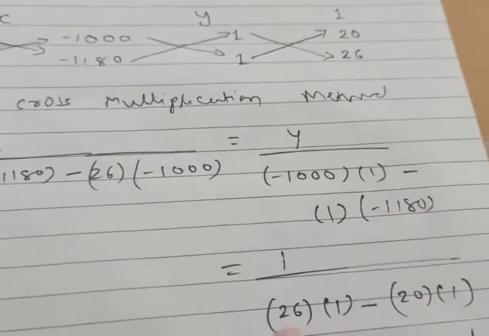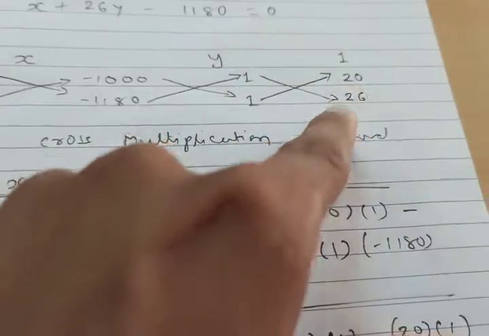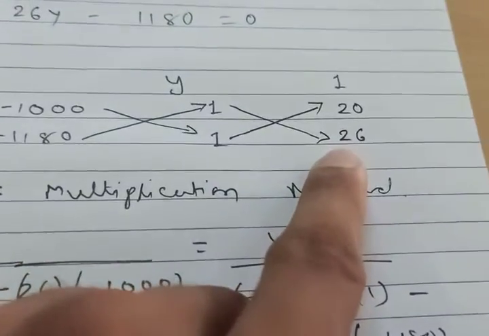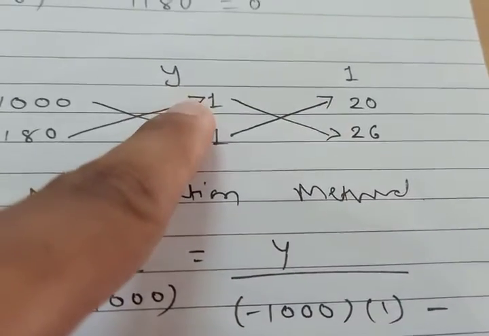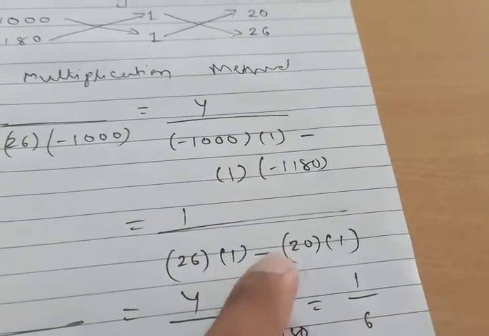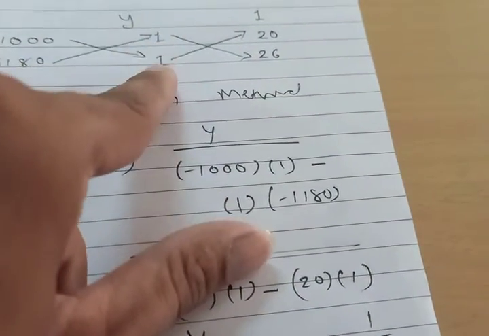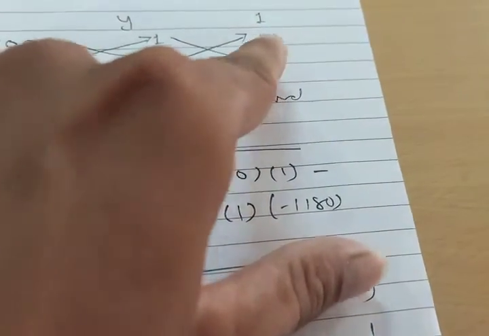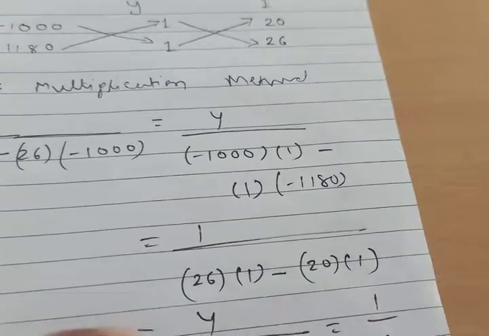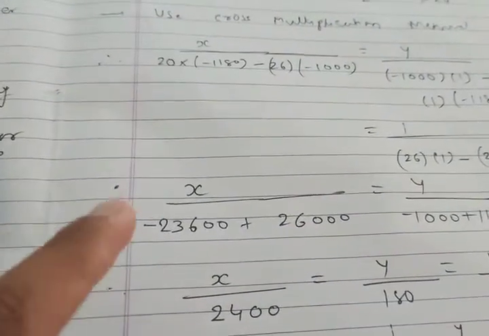Last one will be this and this, cross multiplication of 26 with 1. So the answer will be 26 into 1 minus 1 into 20. Understand? Now solve it out.